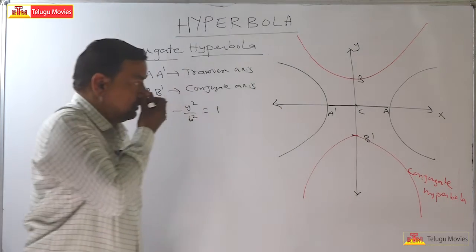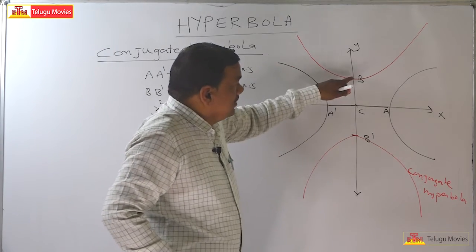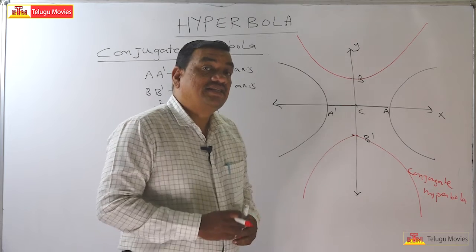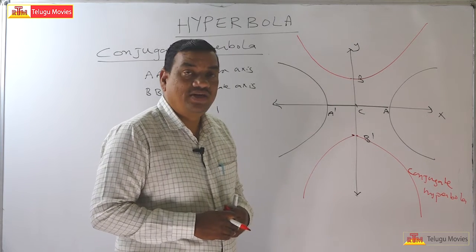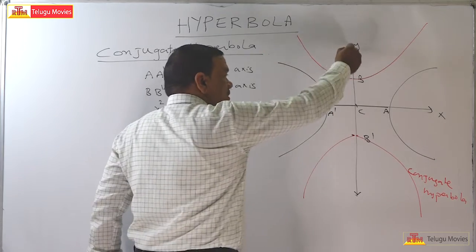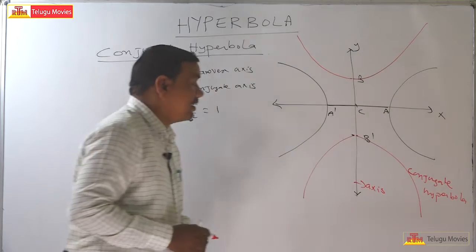Here in the conjugate hyperbola, we call B and B dash the vertices. Already we discussed that the curve intersects the axis at points called vertices of the hyperbola, and the y-axis acts as the axis of the conjugate hyperbola.